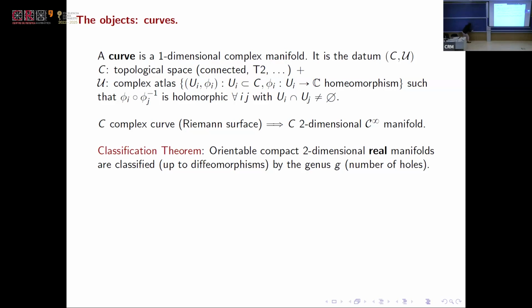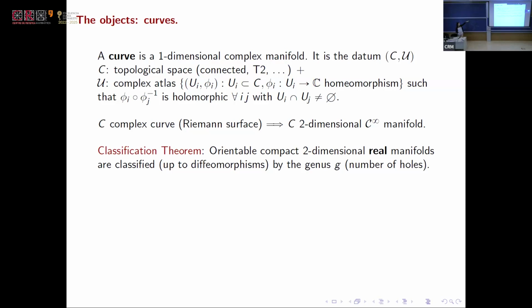Here we have a1, b1, a1 inverse, b1 inverse, and so on and so forth. We do the first identification of the first 4 edges, as we did here, so we get the first handle, and so on, and we get all the others.